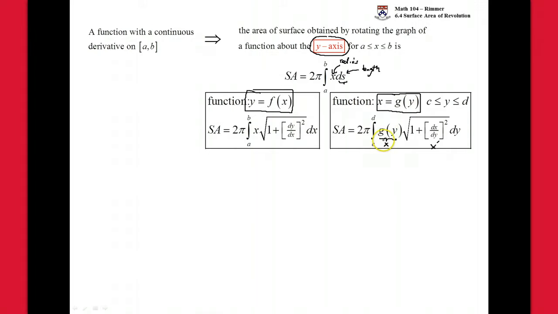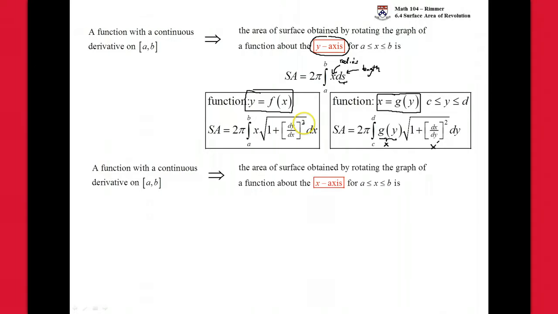Okay, and then we'll do the flip side where we have rotating about the x-axis. If you rotate about the x-axis, your radius is y. So this is the symbol for your radius, and this is the symbol for your length. ds is the symbol for your length.